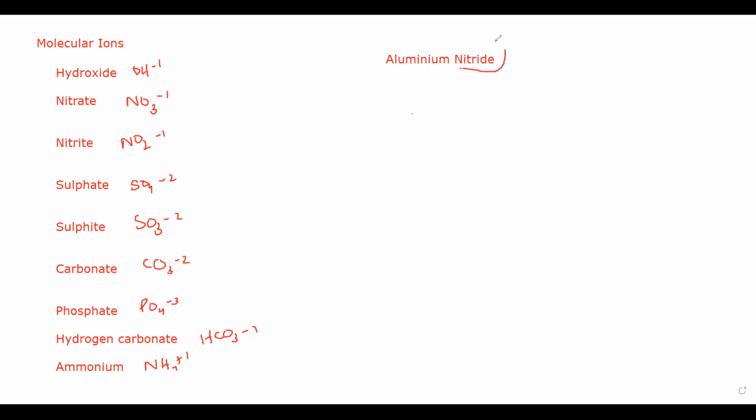If it is IDE, it means they're asking for the element only. Like aluminum nitride means they're asking for aluminum and nitrogen. Aluminum valency is +3 and nitrogen is -3. When we simplify 3 and 3, it is 1:1. So aluminum nitride formula will be AlN.